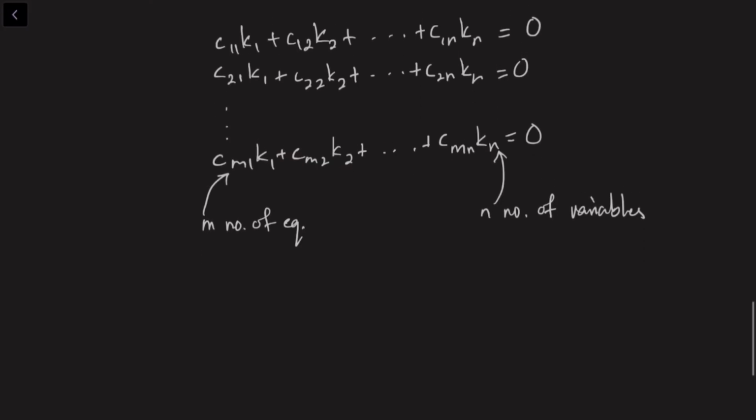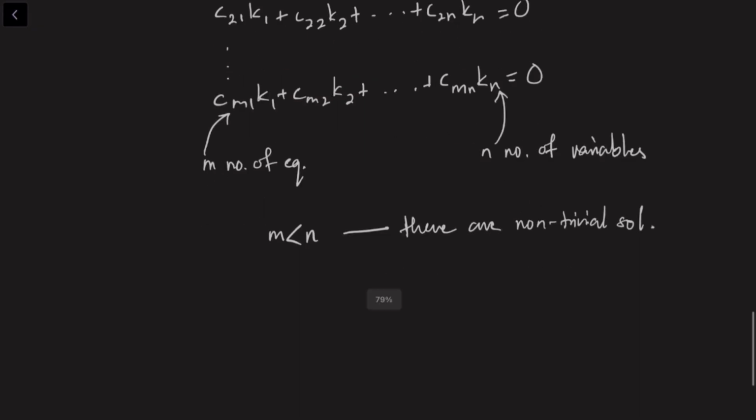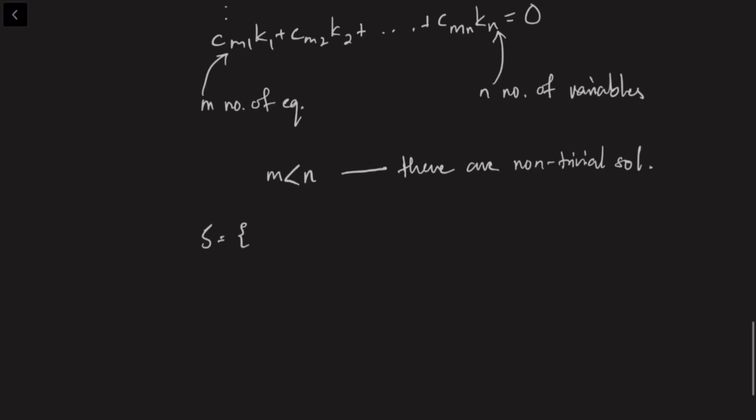So, as we mentioned before, m is less than n this time, and because m is less than n, that means that there are non-trivial solutions. That means that set S, which is the basis, is linearly dependent.